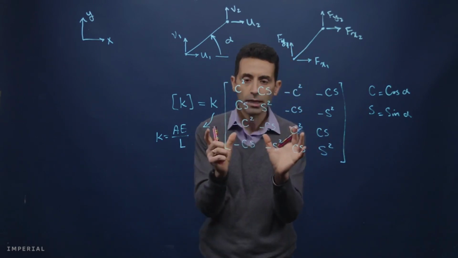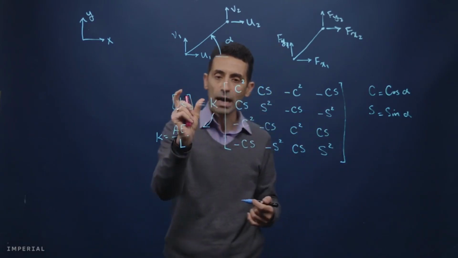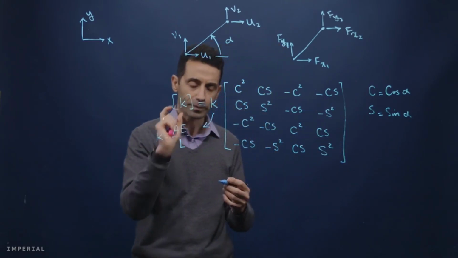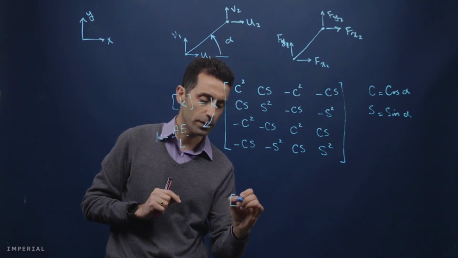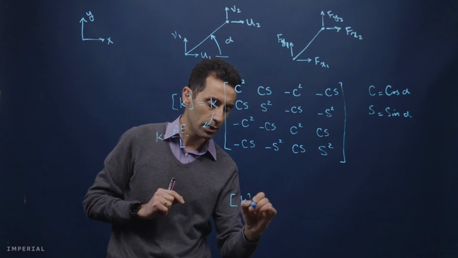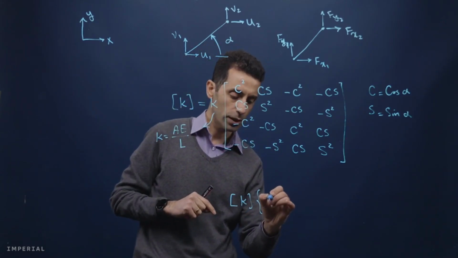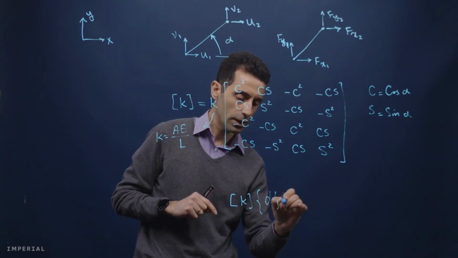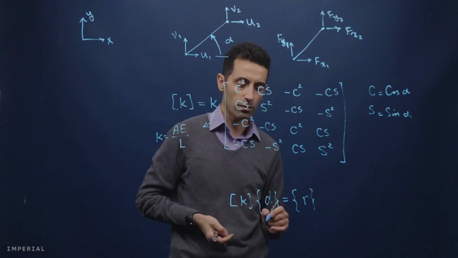But what is interesting out of this is that eventually, once you do this, you will have the element stiffness matrix, which is K, times the vector of nodal displacements, which is D, and these will be equal to the vector of nodal forces, right?